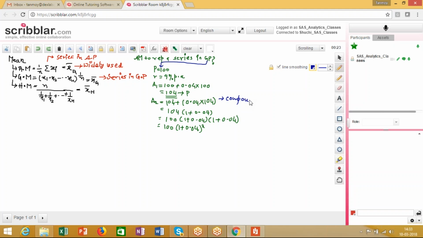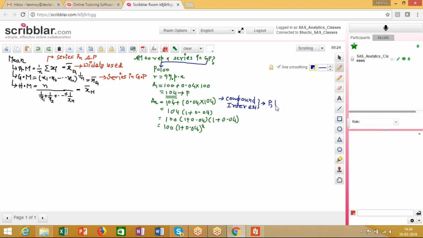To find that average interest, you are not just going to do an arithmetic mean of the interest values. What you need to ideally do is a geometric mean of the interest values, because all the observations in compound interest will be in a geometric progression. Say for example, it is principal.